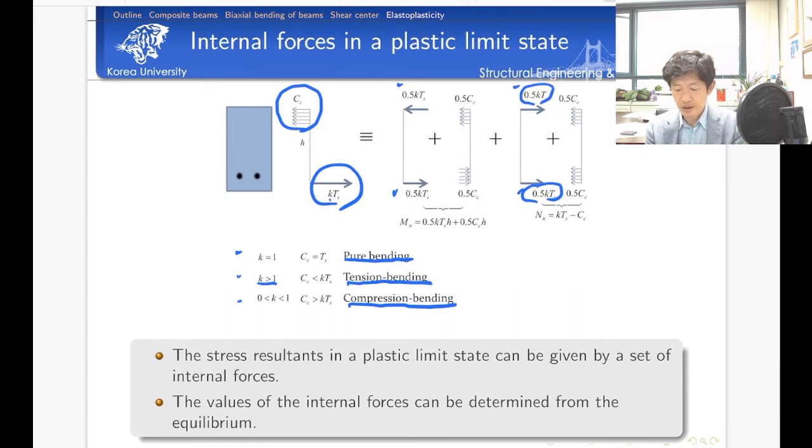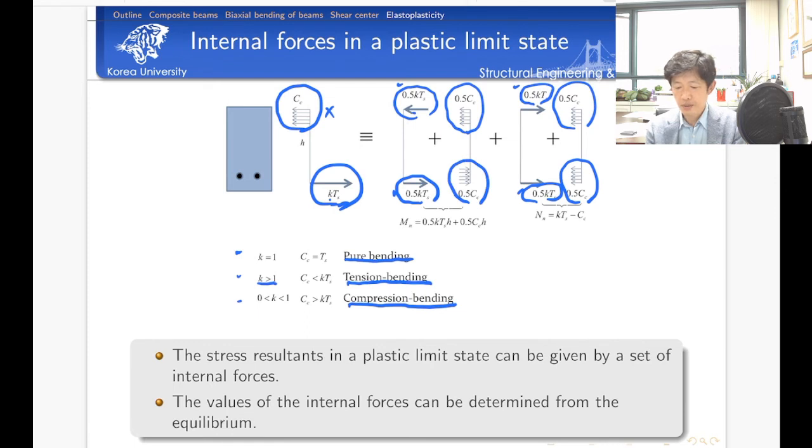To satisfy the force equilibrium, we consider the remaining half, and because there is no tensile force here, we cancel the tensile force by considering the opposite direction. Then this is cancelled. And compression force too: we consider half of it here and another half, and to satisfy the force equilibrium, we consider half in the opposite direction here. Then if you superpose all these internal force components, it satisfies the original configuration here.